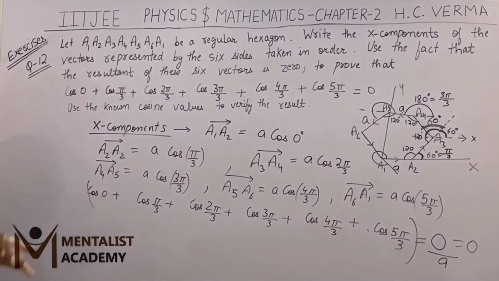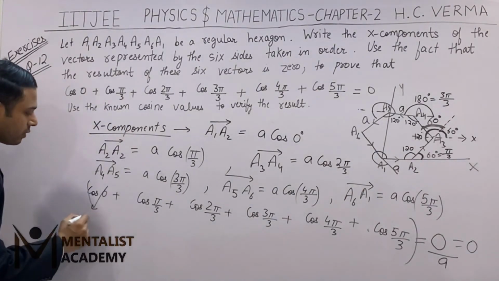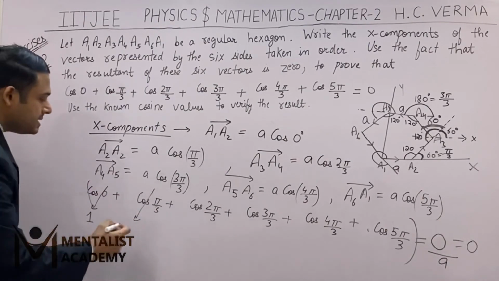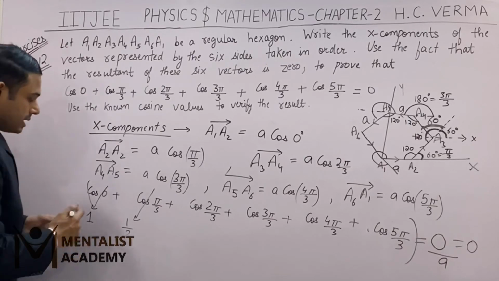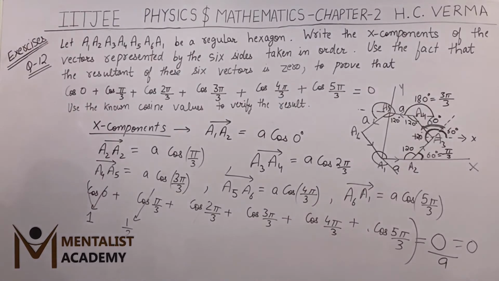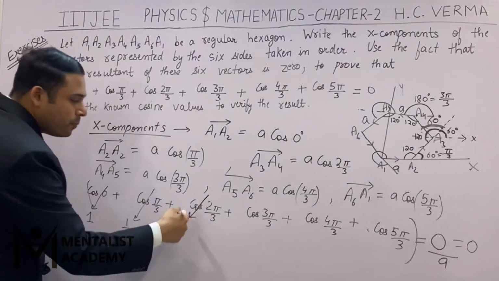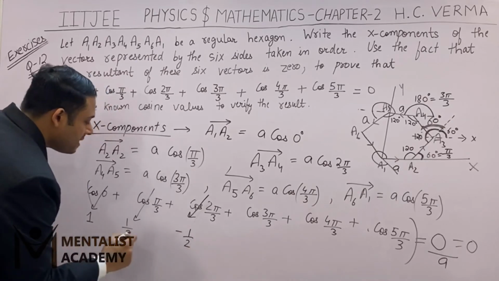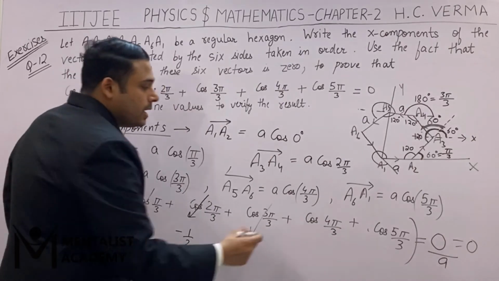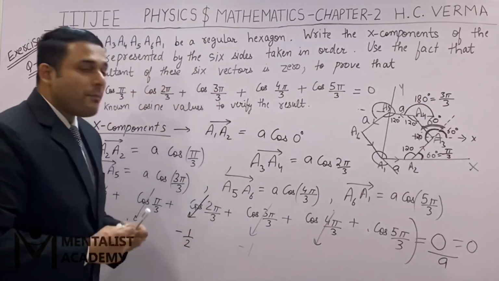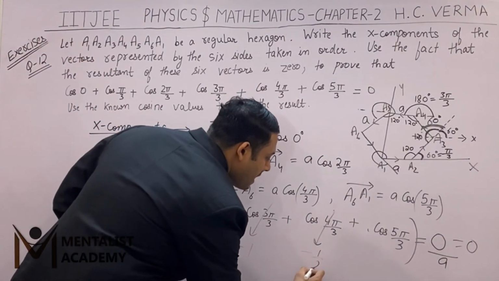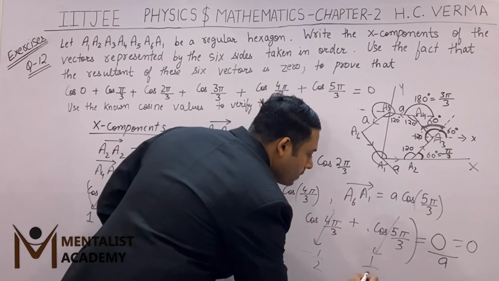हमें ये पता है कि cos 0 की वैल्यू क्या होती है, cos 0 is equal to 1. cos pi by 3 यानी cos 60 डिग्री is equal to half. सिमिलरली cos 2 pi by 3 is equal to minus half, cos pi is equal to minus 1. cos 4 pi by 3 यानी pi plus pi by 3 कितना हो जाएगा, minus half, and cos 5 pi by 3 will be equal to half.